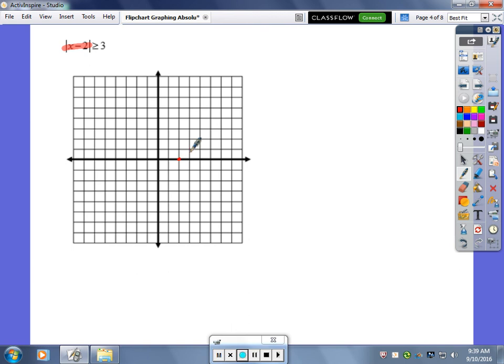Dilation is 1. Means we go 1 up, 1 to the right for each of the points that we need. And here is our graph for the absolute value function.